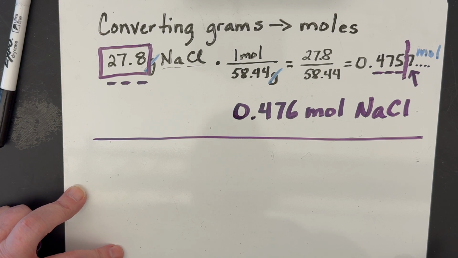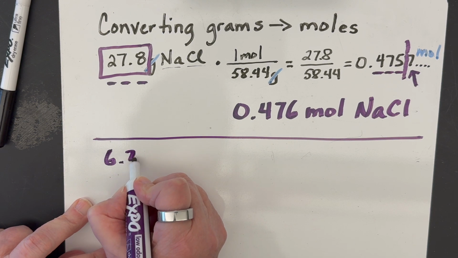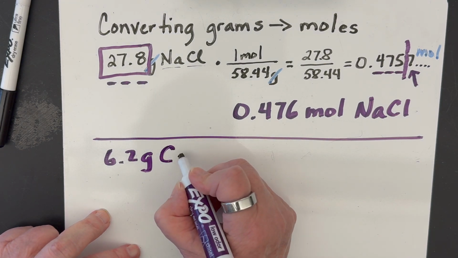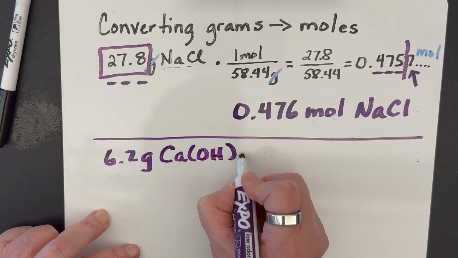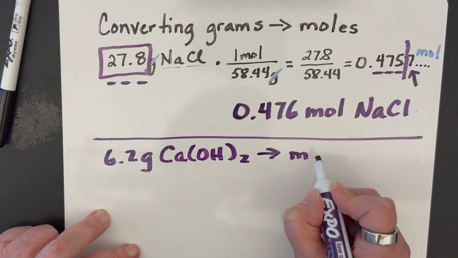So let's try one more for practice. You can pause it, work it out, and then check your answer. So we are going to convert 6.2 grams of calcium hydroxide, Ca(OH)2, and we want to convert that to moles.